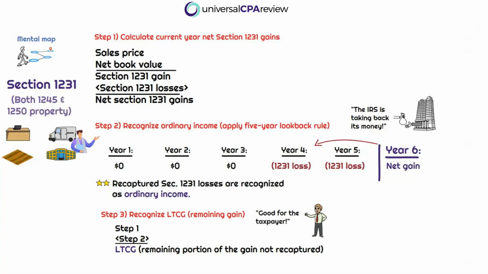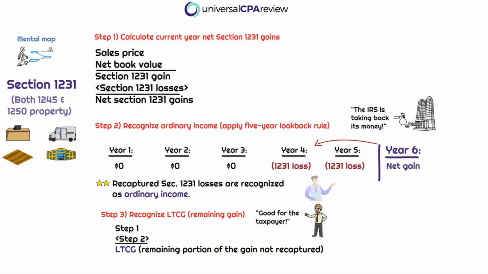All right, so if you're confused, let's slow this thing down and focus on what is exactly happening mathematically. In step 1, we calculated Section 1231 gains in the current year. Fine. Now in step 2, we're going to look back to the previous 5 years to see if any Section 1231 losses existed. Boom. Here we see that they did. What that means is, in step 3, we're going to record part of this gain as a long-term capital gain and part of it as ordinary income.